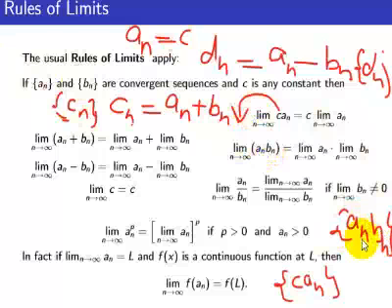The limit of this one is the same as the product of the limits of A sub n and B sub n, right? We can prove these properties, these rules, in this course using the definition of epsilon that we learned today in the morning lecture. By using that definition, we can show that this is the same as the product of the limits, right?